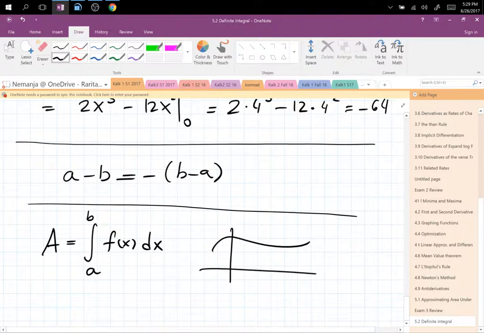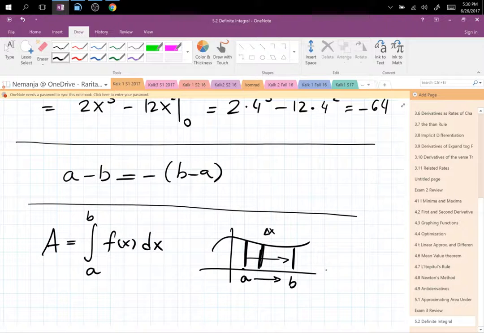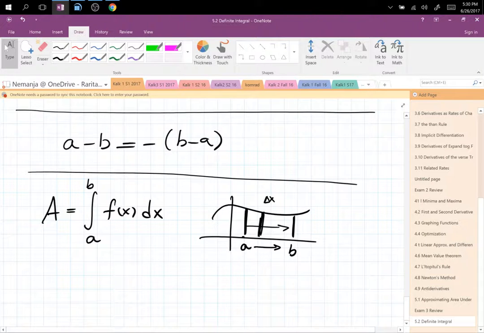Because when you have the area, area is from smaller value a to larger value b as you read left to right. And the representative rectangle dx would swipe all of those values from a to b, with a being a smaller number. So you want to start from a smaller number and go to the higher.